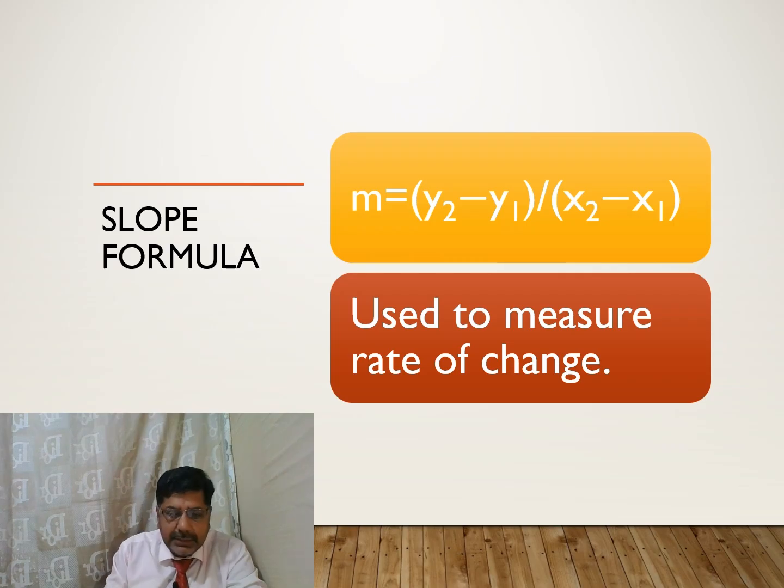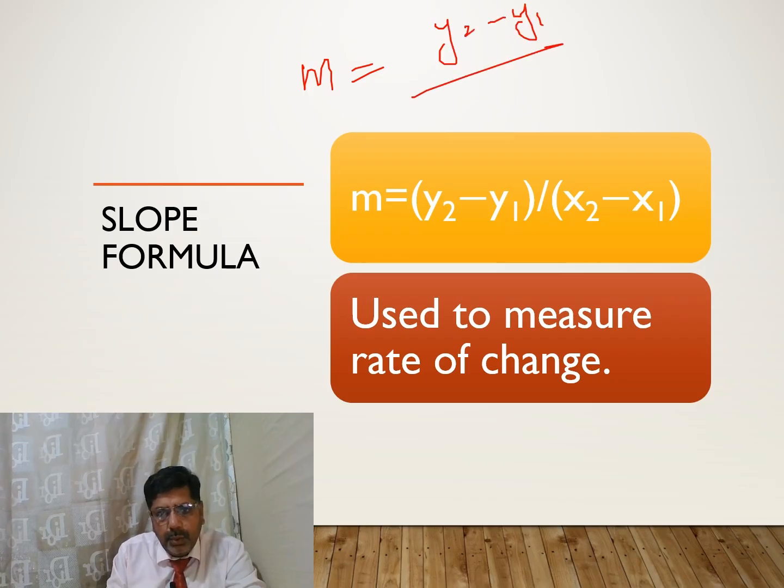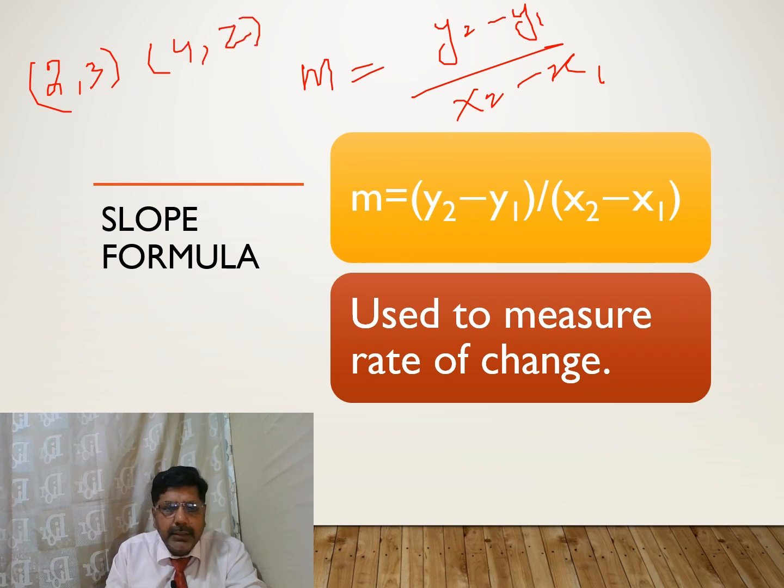As we discussed, the slope formula is y2 minus y1 over x2 minus x1. So with the points 2 and 3 and the points 4 and 2, it will be x1, y1, x2, y2.